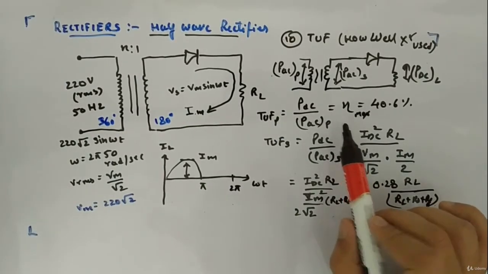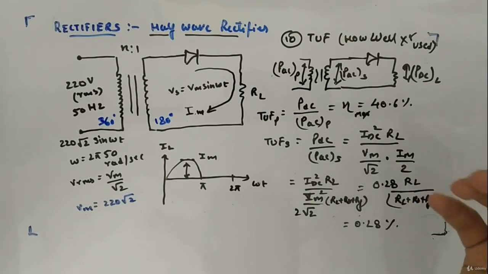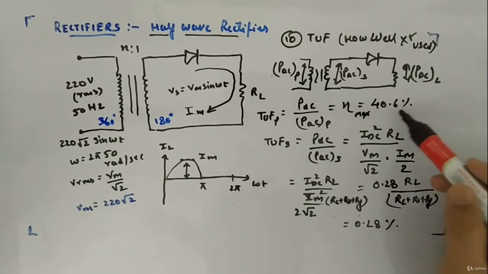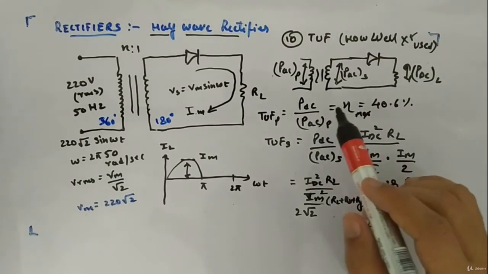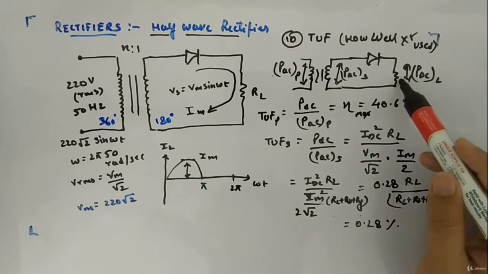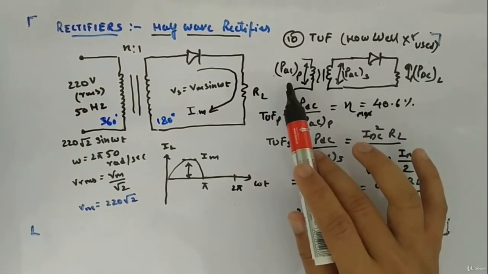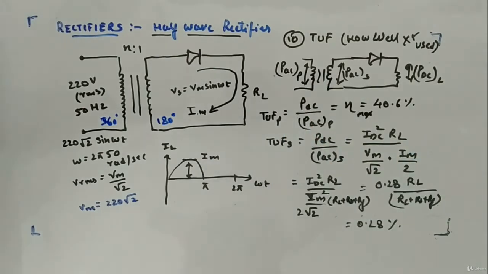So it means that the maximum power that can be transferred, like the maximum efficiency you can get in a half wave rectifier, is 40.6%. This is as if you are taking the ratio between the DC power at the output load and the AC power at the primary, because this is the feeder, the main guy who's feeding everything.